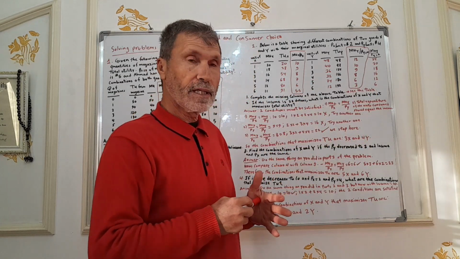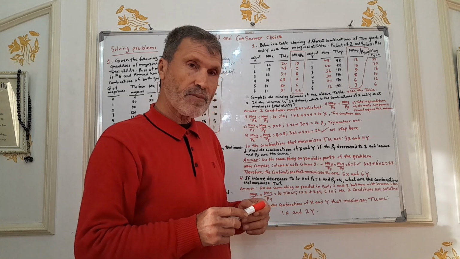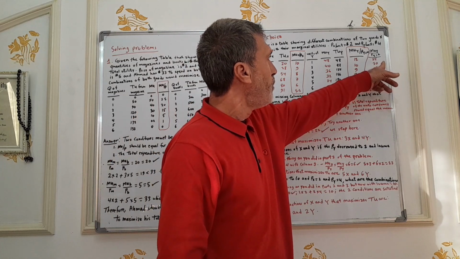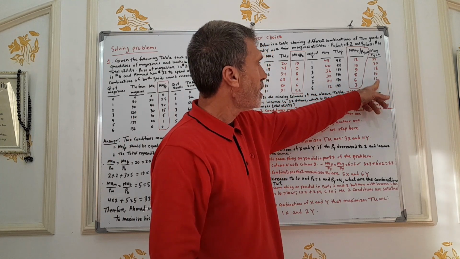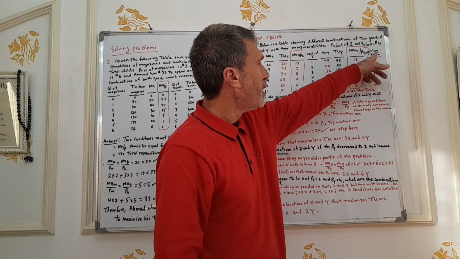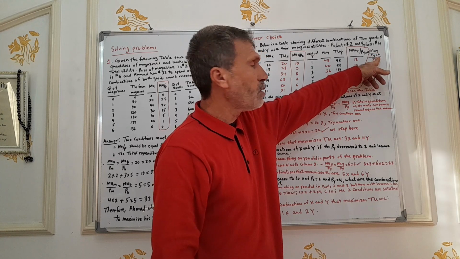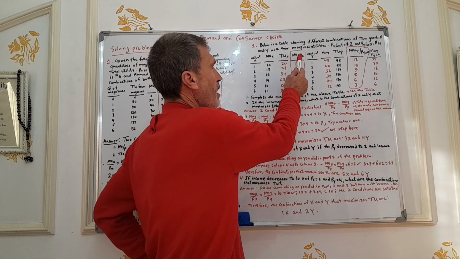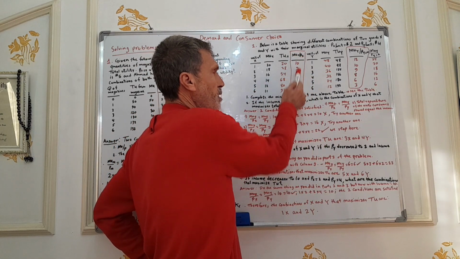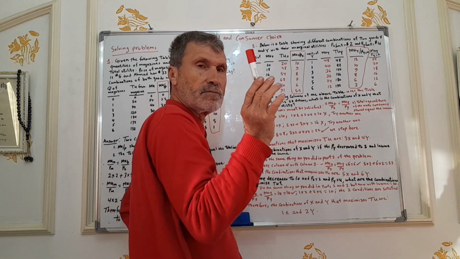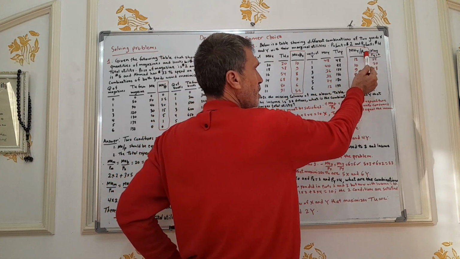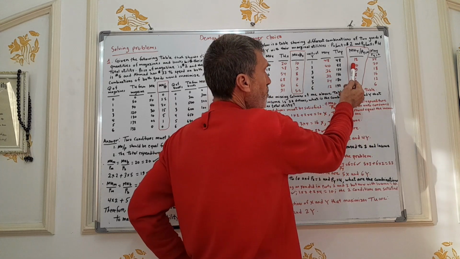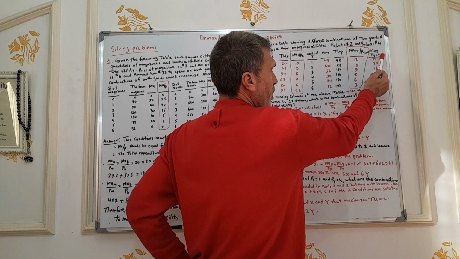In order to simplify the problem, we build another column for the marginal utility per price when the price of Y equals 2. The marginal utility of X over price of X is the same, no change, because the price of X is the same. However, the marginal utility of Y over the price of Y changes from this column to this column, because the price of Y equals 2 now.